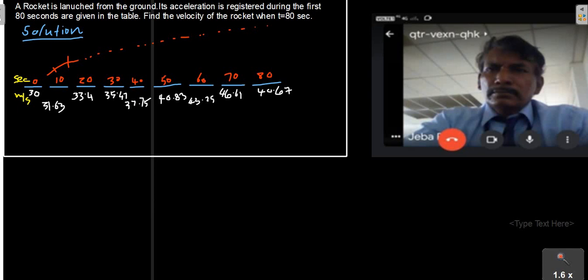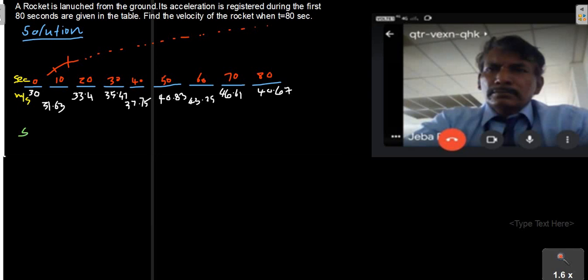Now what we need is the total velocity when it reaches t equals 80 seconds. That's what we have to find out. So this problem is like an integration problem. Now look at that.